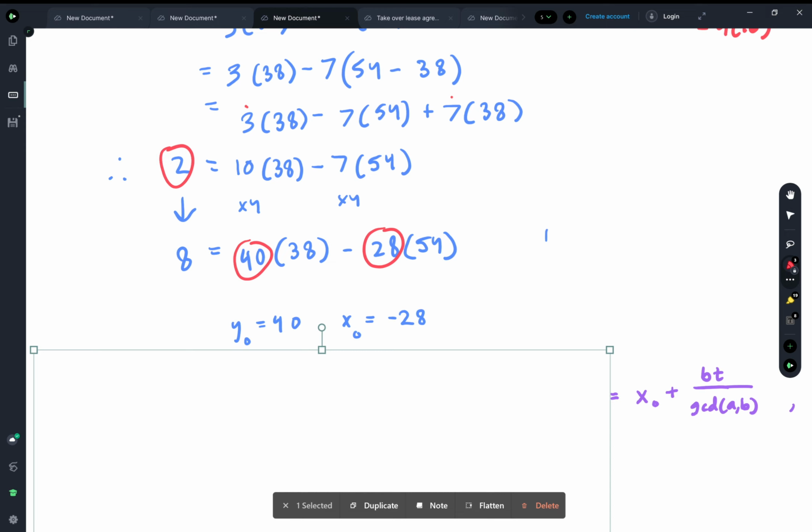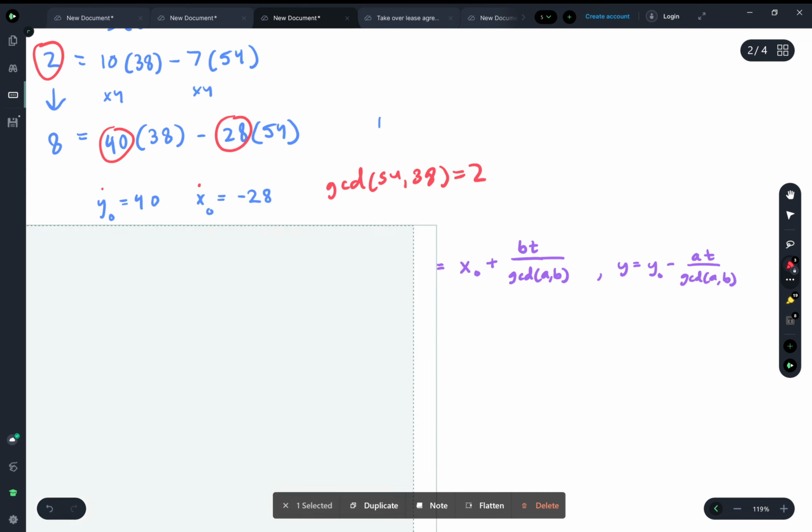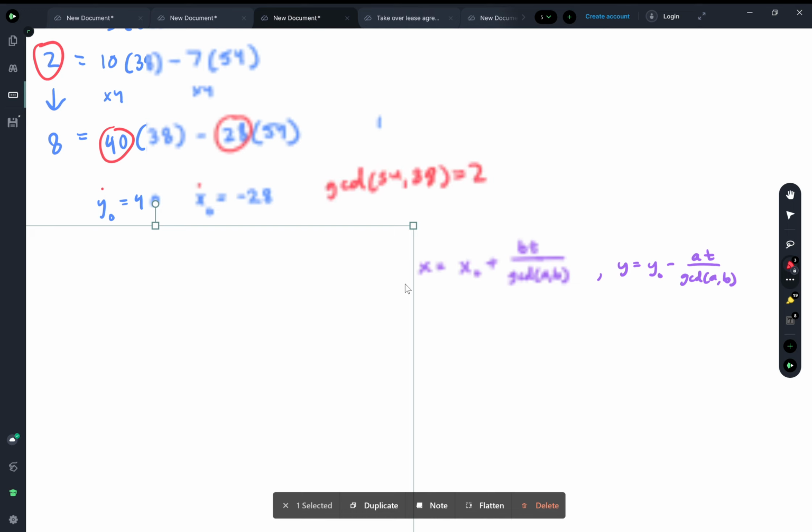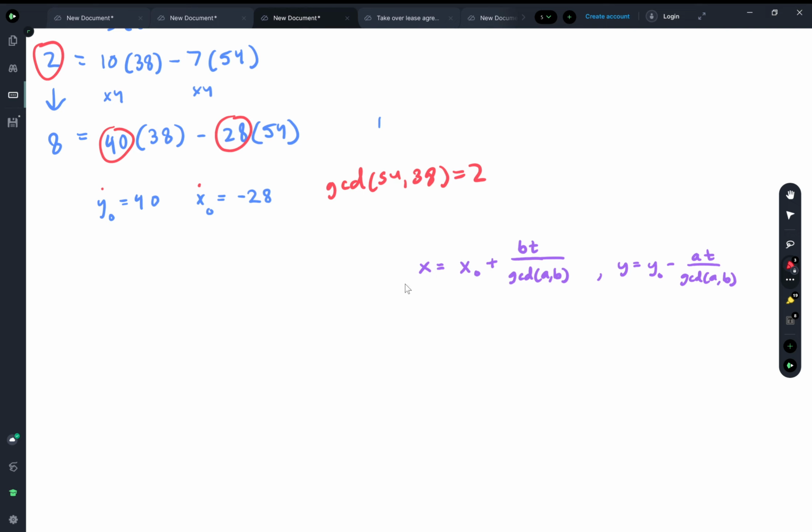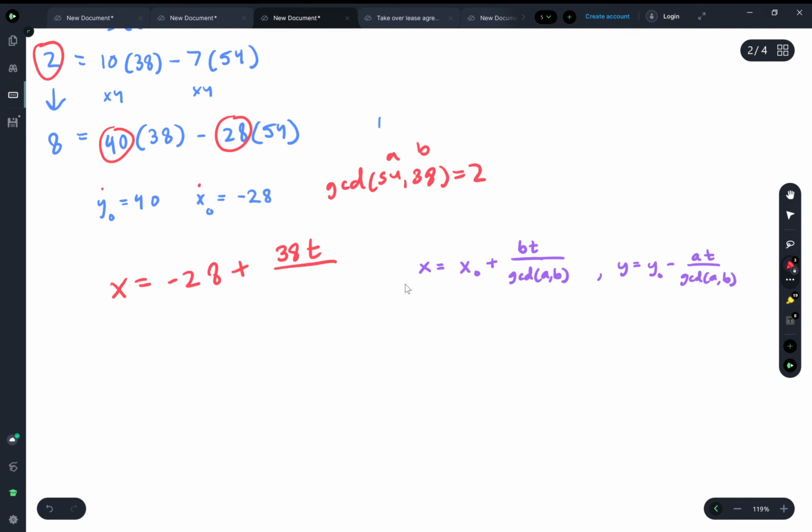So now we have y0, we have x0, and we also have the GCD of 54 and 38, which is 2. We have everything we need to make these now. So x equals x0, which is negative 28, plus b, which is 38, times t over the GCD of a and b, which is 2.